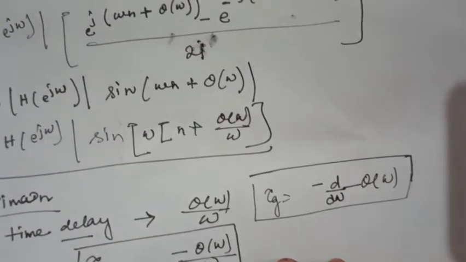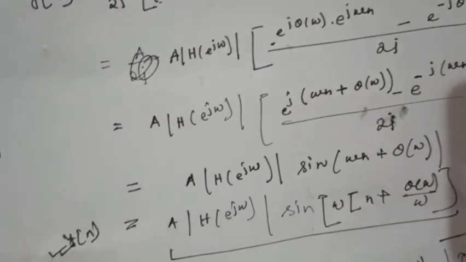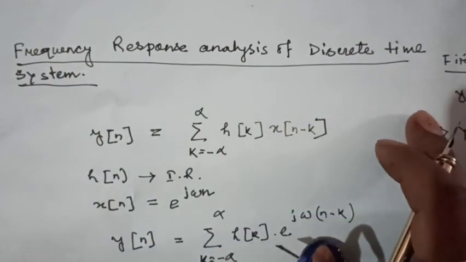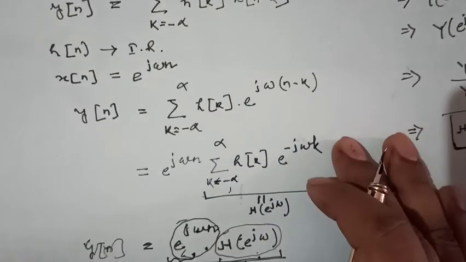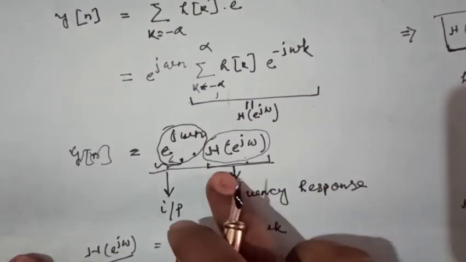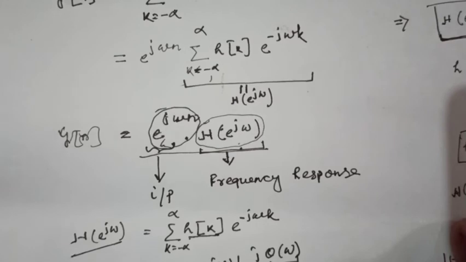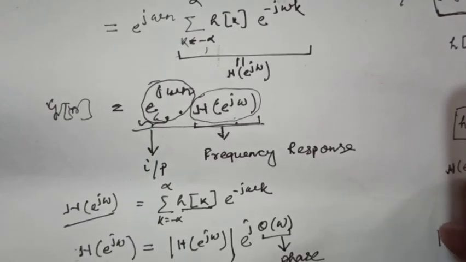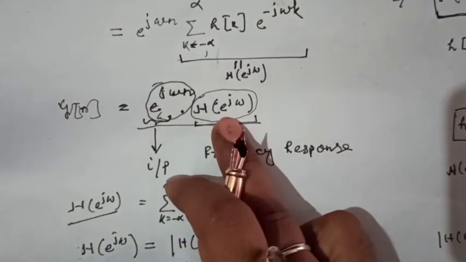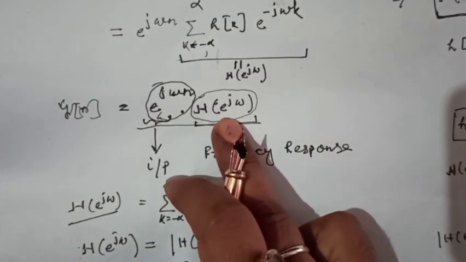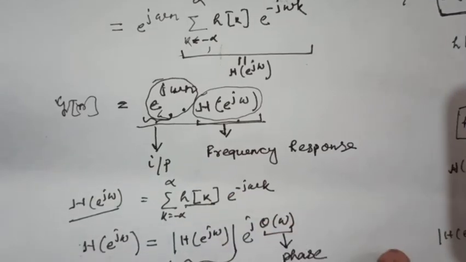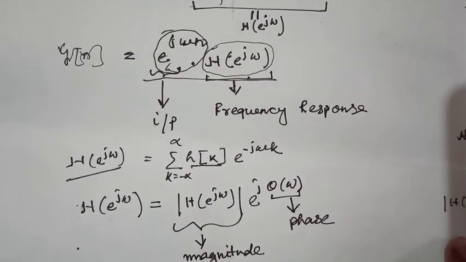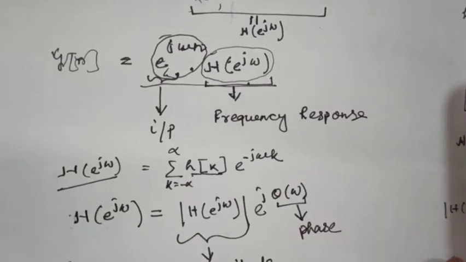So in this video, we have studied the frequency response analysis of the discrete time system. We analyzed H(e^jω), which is called the frequency response, and it is nothing but the DTFT of the impulse response. It is a complex quantity, so there will be magnitude and phase. Magnitude is even symmetric, phase is odd symmetric.